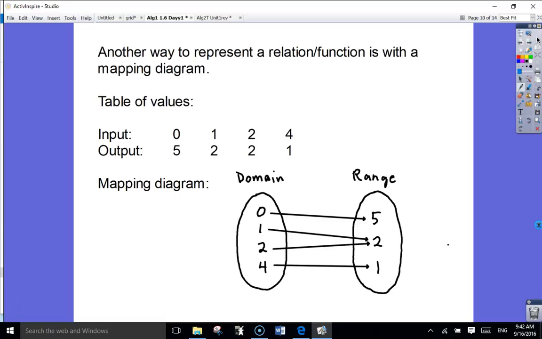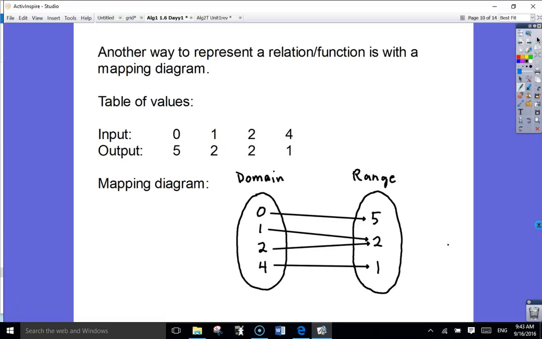In the mapping diagram, you're going to have the domain on the left, the range on the right, and honestly, I probably should have reversed the order to make it 1, 2, and 5, but at least don't put the repeats in there. And then you should have arrows that point from which number in the domain goes with which number in the range. So 0 maps to 5, 1 maps to 2, 2 maps to 2, and 4 maps to 1.